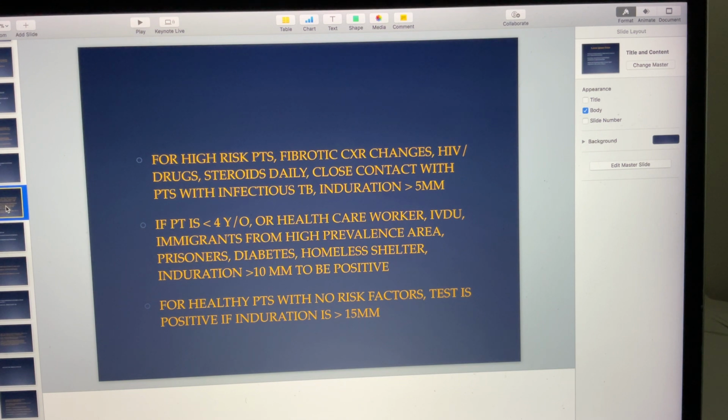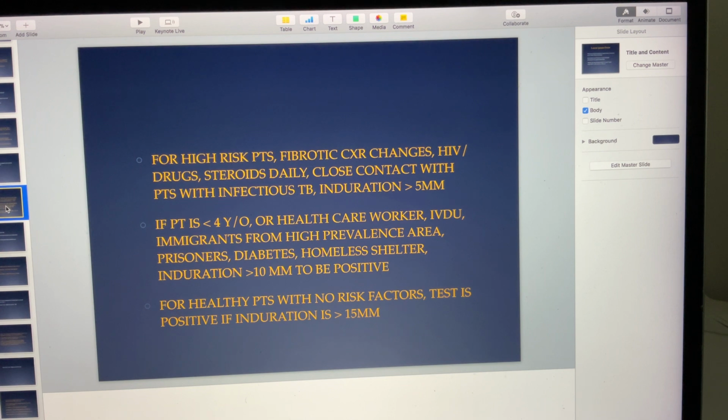For high risk patients, or patients whose chest X-ray shows fibrotic changes, or patients who, like I said before, are immunocompromised, they can have HIV, or use steroids on a daily basis, or people who have come in contact with patients who are infected with TB, the induration you're looking at is greater than 5 millimeters.